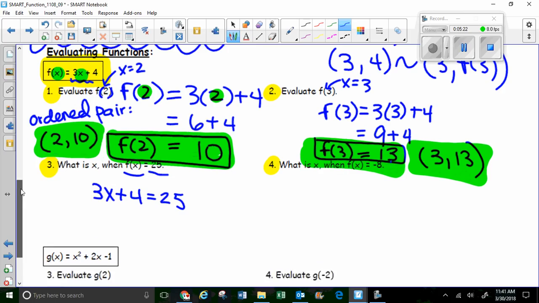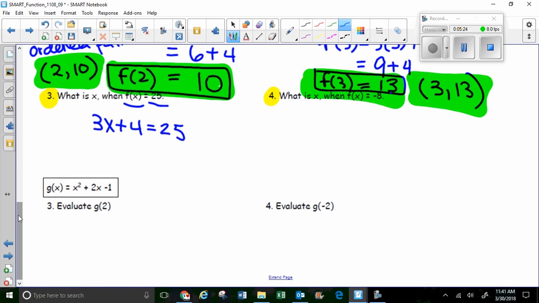And now I just need to find x, so I'm going to unravel this equation by undoing the operations. So this is basically just solving an equation. Subtract 4 on both sides, divide by 3, and you'll get x equals 7.